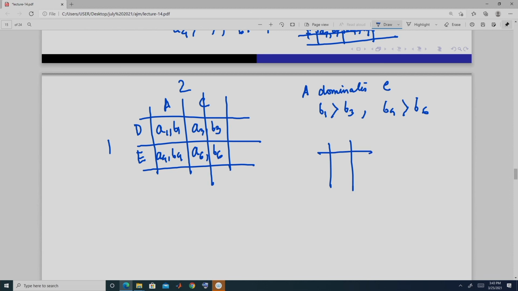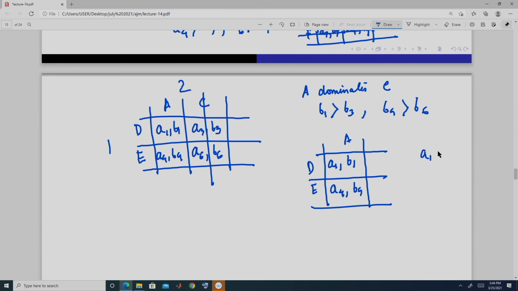So A, D and E, A1, B1, and A4, A1, B1, A4, B4.